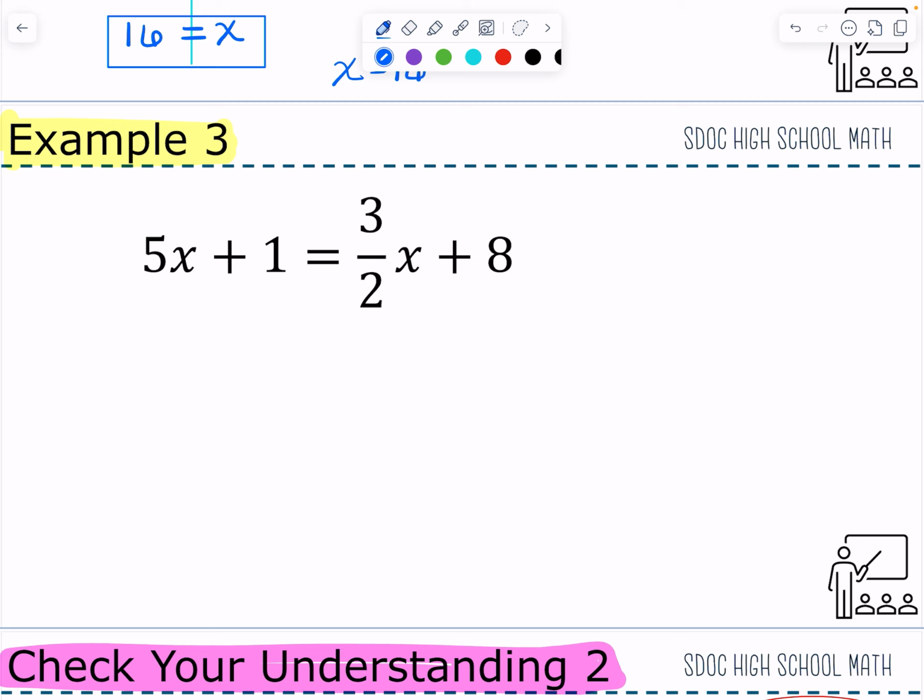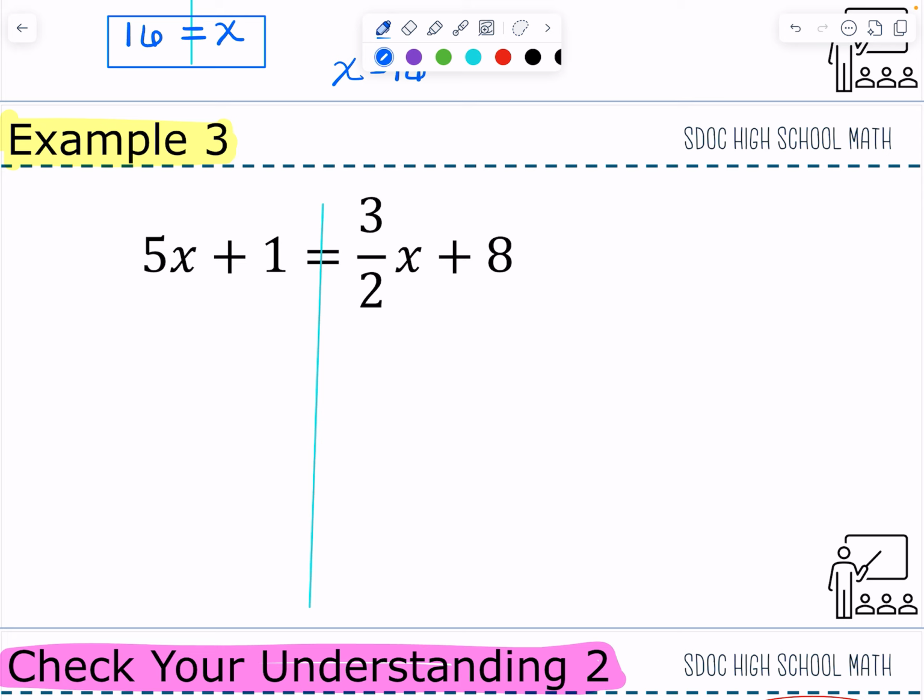Okay? So when I look at this problem, I'm going, all right, there's a fraction. What's the denominator? Because it's not the whole fraction that bothers me, it's just the denominator. So the denominator on this one is 2, and it's dividing by 2. So what's the opposite, or what's the inverse of dividing by 2? That would be multiplying by 2.